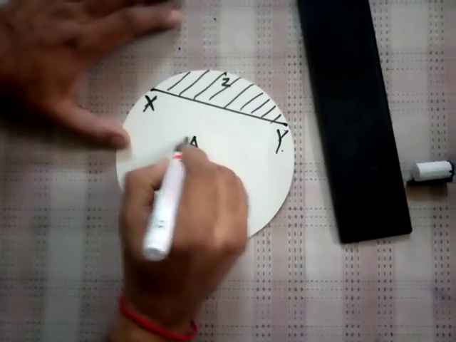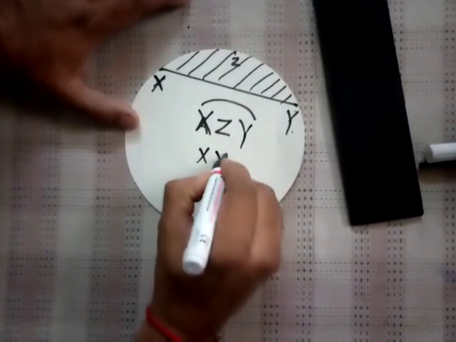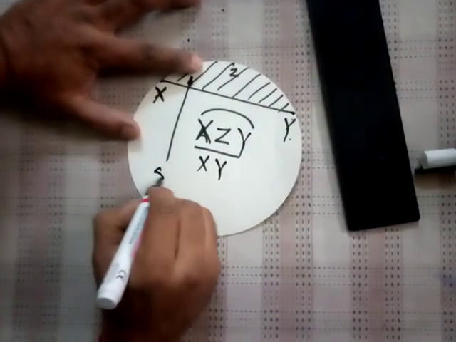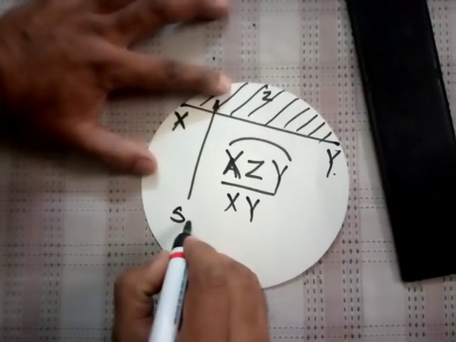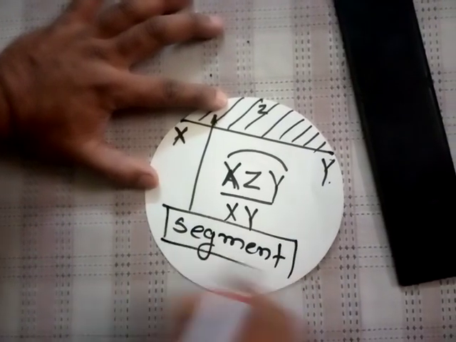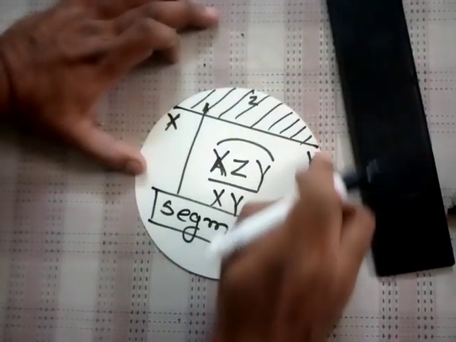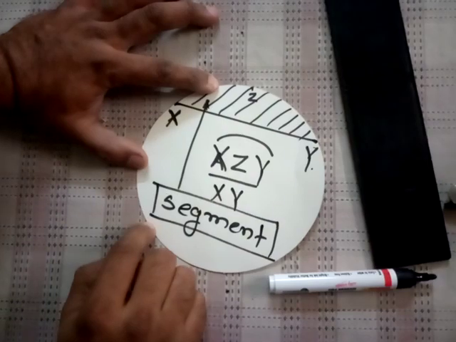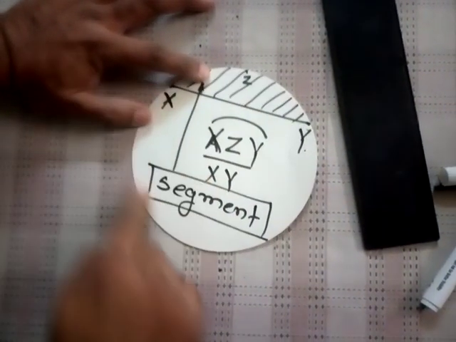So arc XZY and line segment XY, this part is known as a segment of a circle. So a part which is bounded by a chord of a circle and an arc of a circle is known as a segment. Actually, a chord divides a circle into two different segments. One is a smaller one and another is a bigger one.